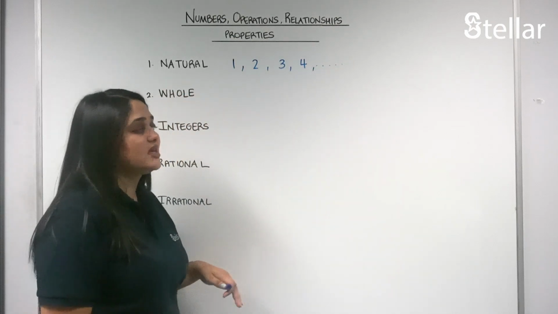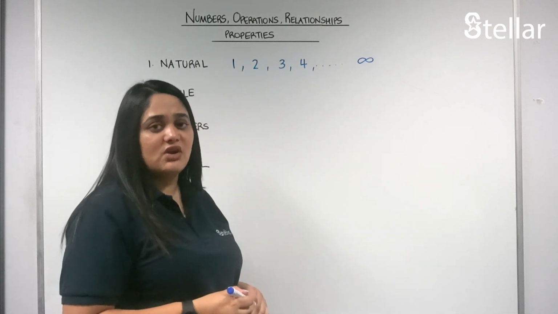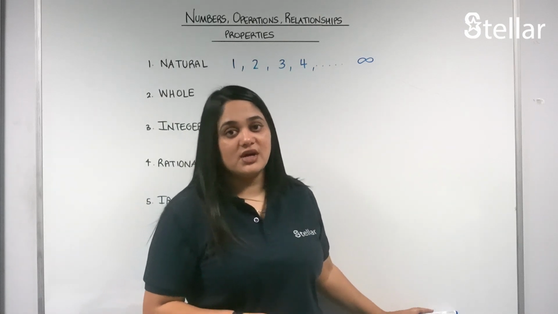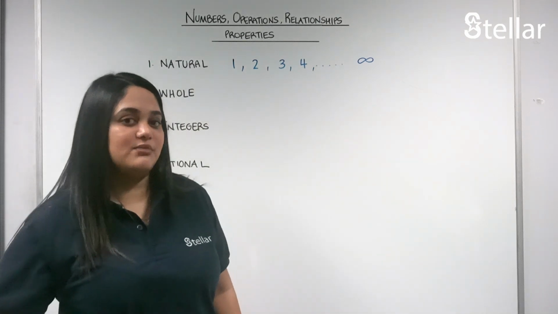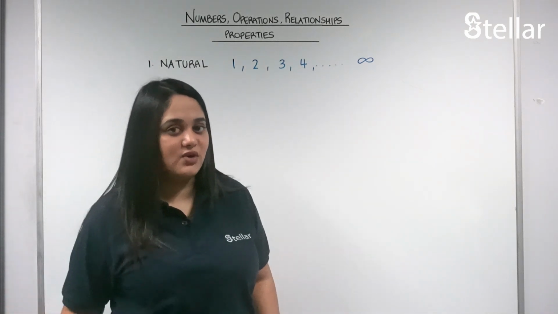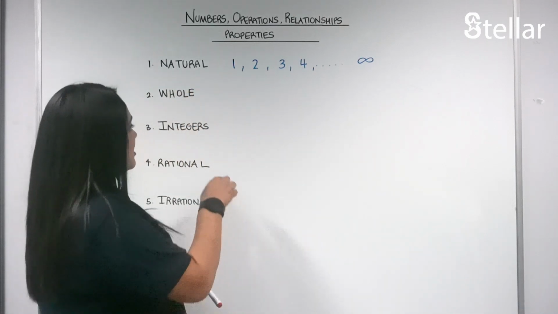And these numbers can reach all the way to infinity. It doesn't really have an end value, and you can keep counting those numbers as high as you can possibly go. The next number is a whole number.